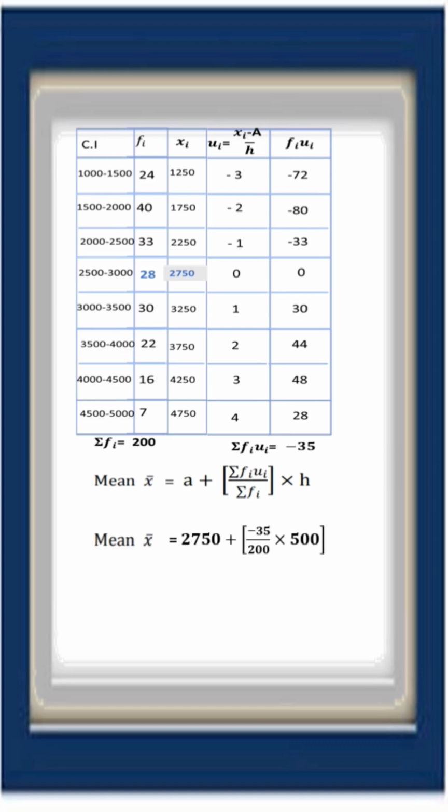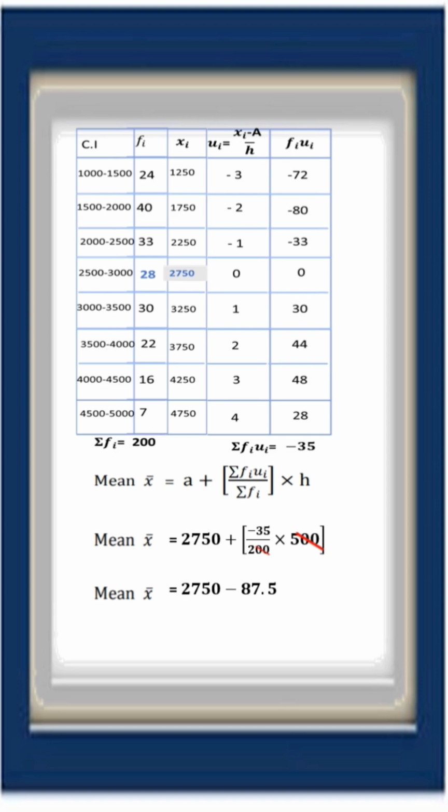Here 2 zeros of 500 and 2 zeros of 200 get cancelled. So negative of 35 into 5 divided by 2, what is it? 87.5.